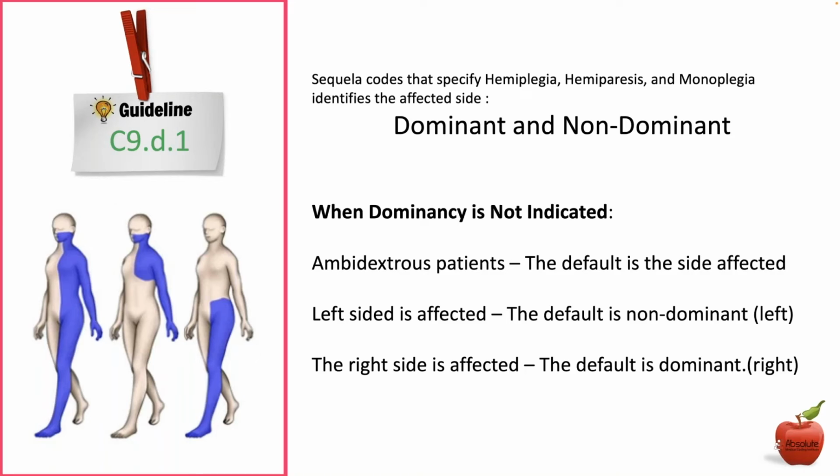So if you are right-handed and your right side is affected, then your right side is your dominant side. If you are right-handed and your left side is affected, then your left side is your non-dominancy. All right?